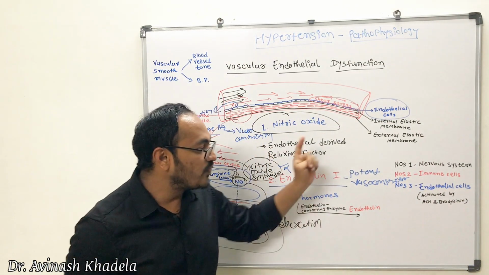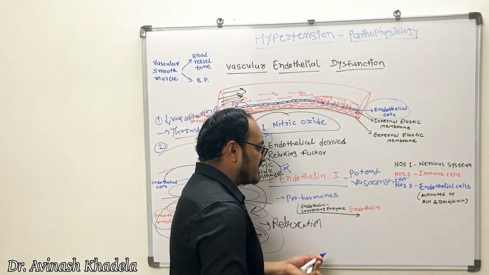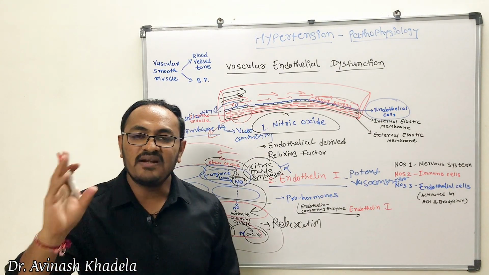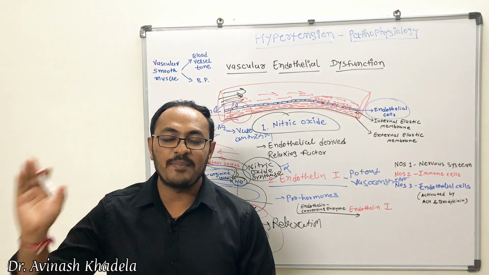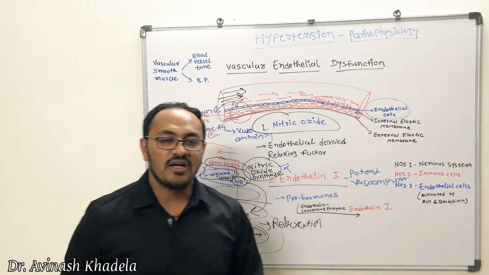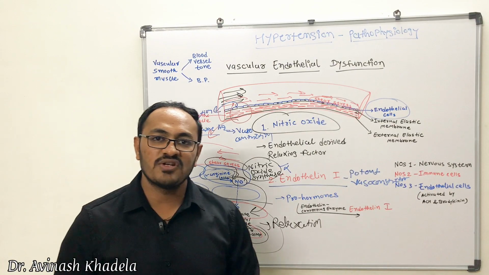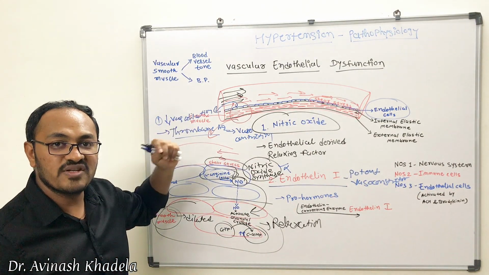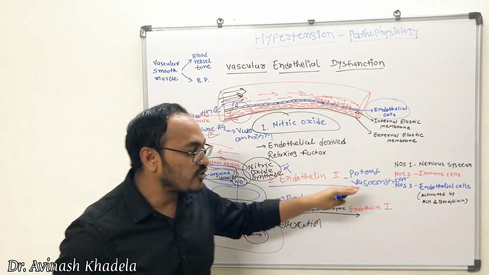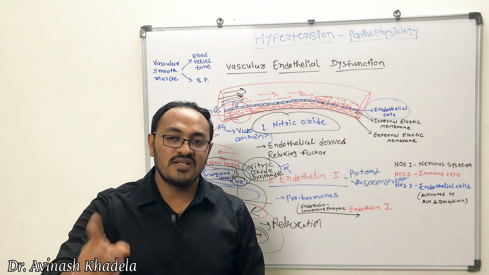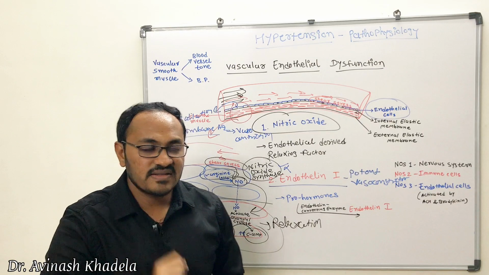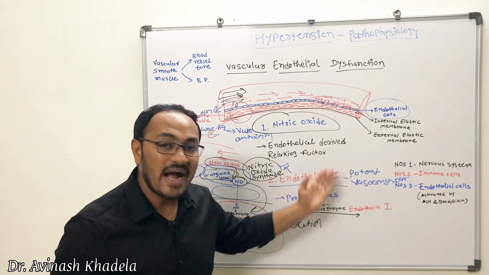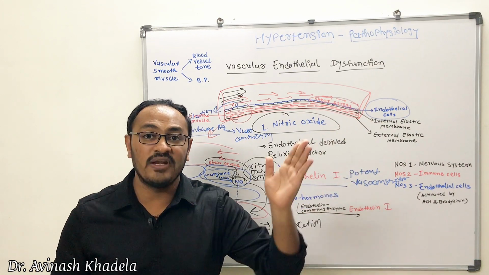But endothelin 1 is precisely present inside the vascular smooth muscle, whereas endothelin 2 and 3 are present in the interstitial epithelial cell, which is not responsible for regulation of vascular tone or blood pressure. So we are not discussing those, but endothelin 1, which is present inside the vascular smooth muscle. Endothelin 1, when released, will bind to the endothelin A and endothelin B receptor.